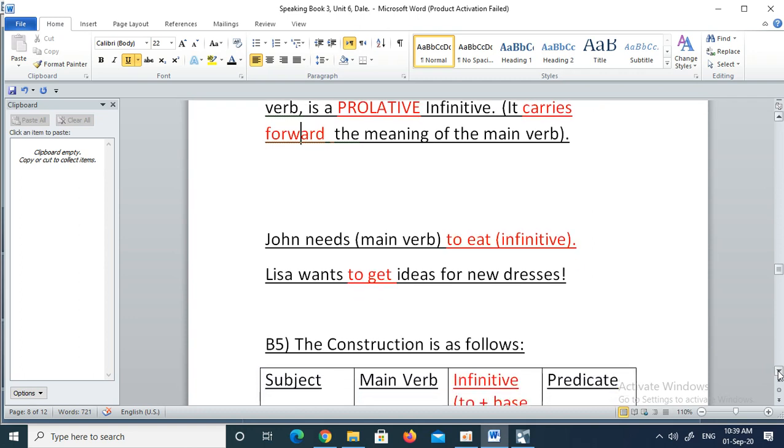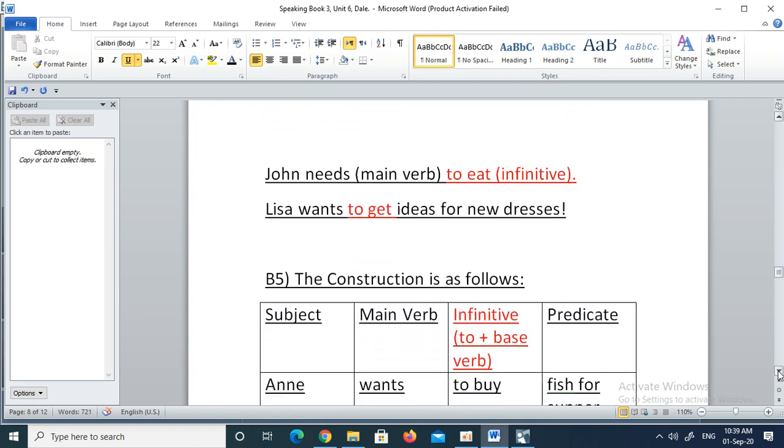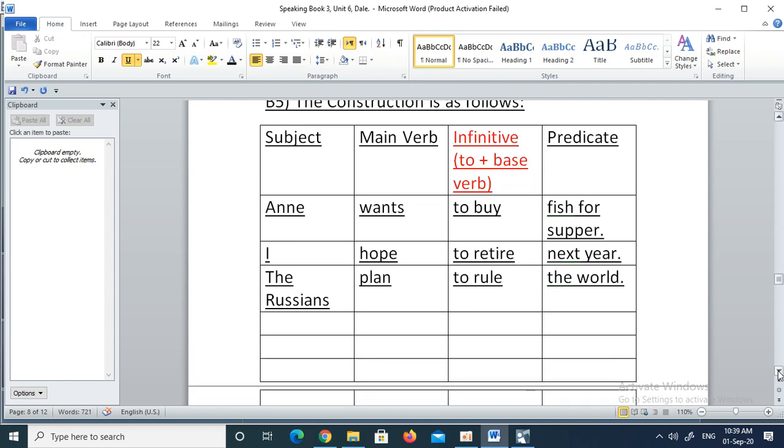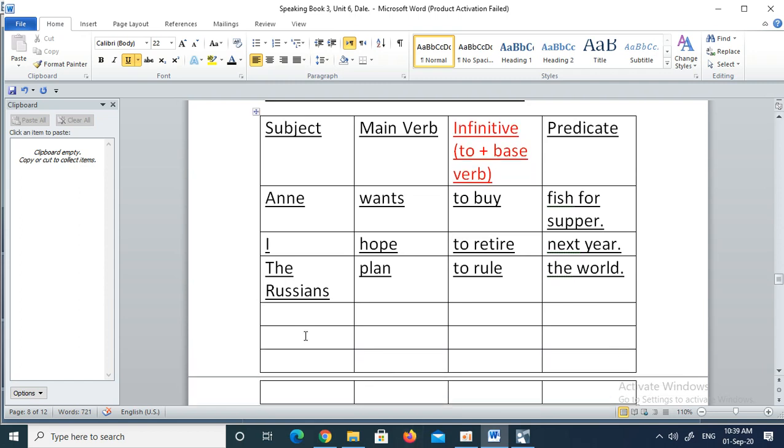Okay. The infinitive construction in its basic form goes as follows. We have the subject in the first block, the main verb wants, the infinitive, which is to plus the base verb, to buy: wants to buy fish for supper.